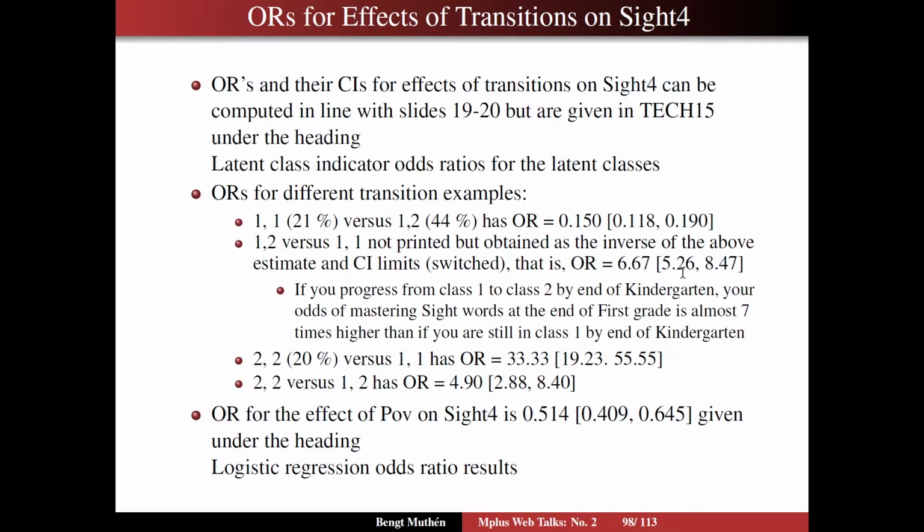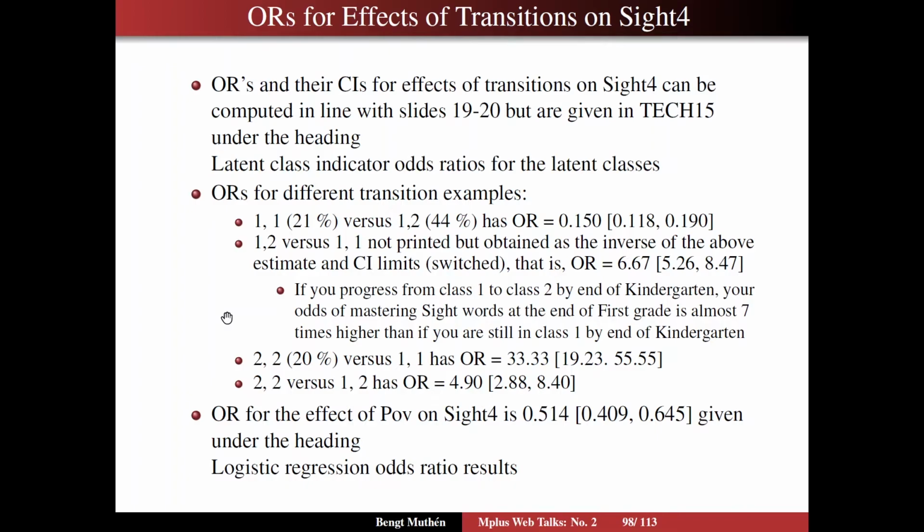The confidence interval does not include 1. So in words, if you progress from class 1 to class 2 by end of kindergarten, your odds of mastering sight words at the end of first grade are almost 7 times higher than if you're still in class 1 by end of kindergarten. So you may want to read that and think about it. It's a lot to take in.